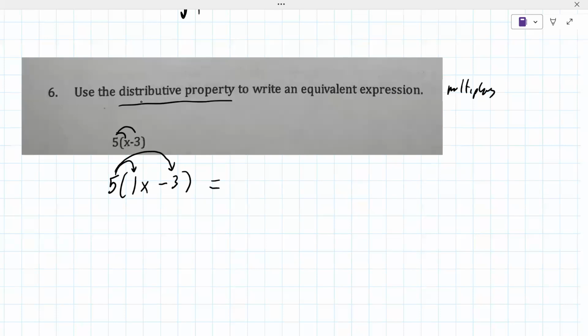So you're multiplying 5 and 1 and 5 and negative 3? What is 5 times 1? 5. So it becomes 5x. The x goes with it. What is 5 times 3? 15. Right. And so that minus, see how that minus operator goes with it? Yeah. Okay, now you try one.